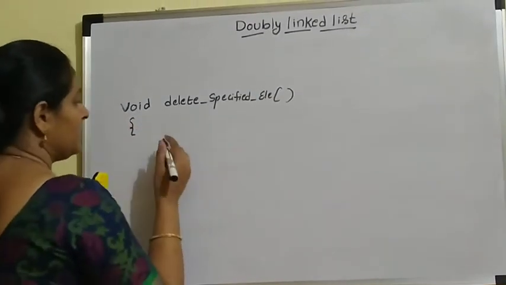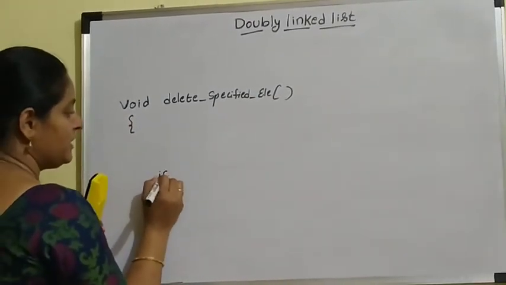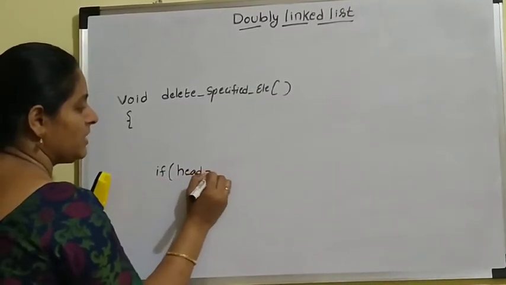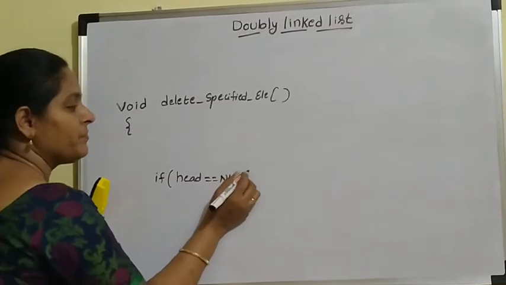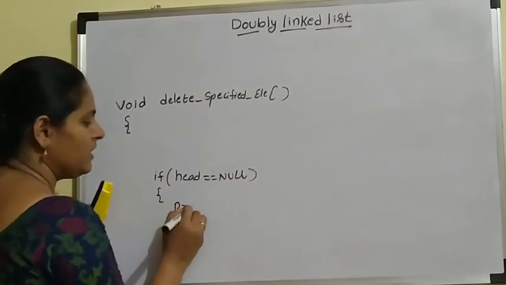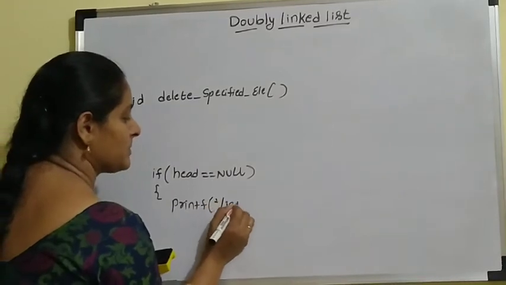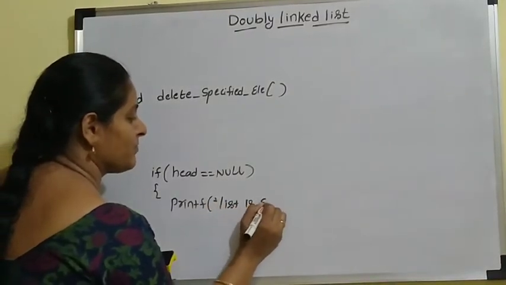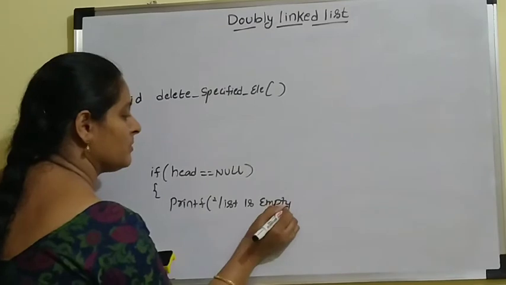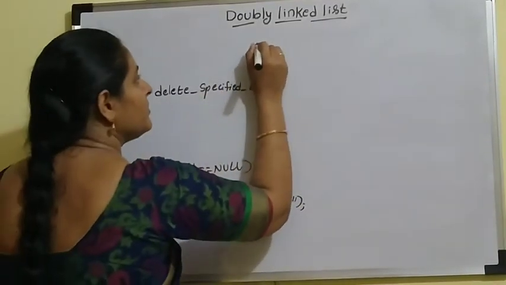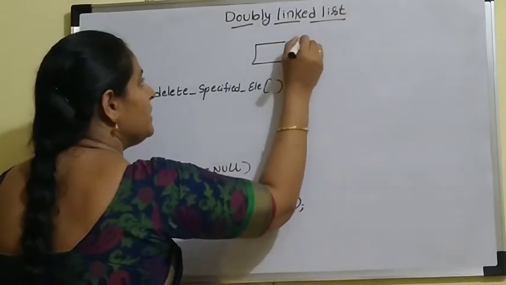Suppose if list is empty, deletion is not possible. If head equal to null, list is empty. If list is empty, deletion is not possible. If list is not empty, then we can delete the node from the list.